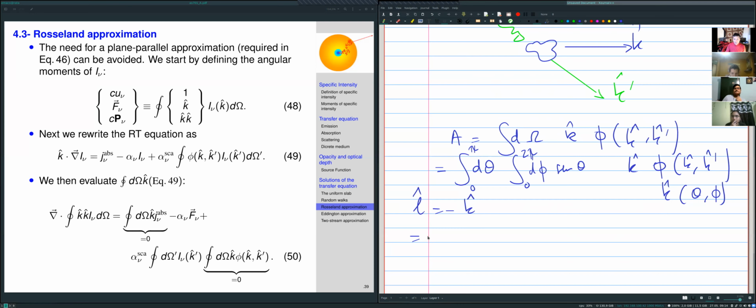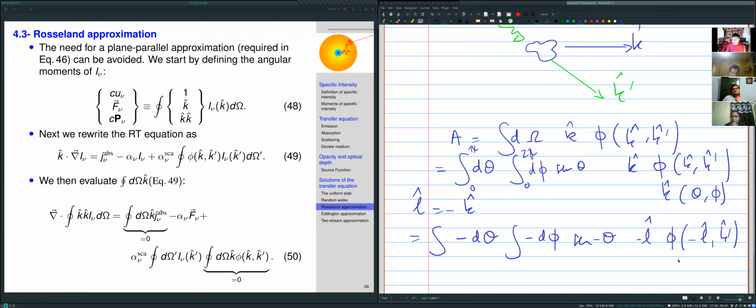And then in this case we have the solid angle variables: minus theta d theta times the integral of minus d phi times sine of minus theta here times minus L times phi of minus L, k prime.